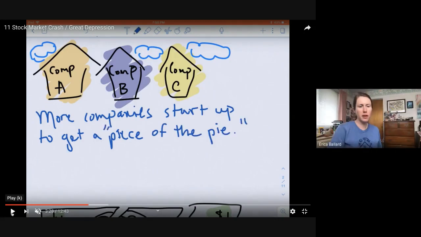Okay, so let's say that I have my bakery, and I'm selling my baguettes left and right, and Kit is like, you know what, I can make just as good a baguette as Miss Ballard, so Kit starts her own business, right? So we're going to have all these companies starting up to do pretty much the same things.